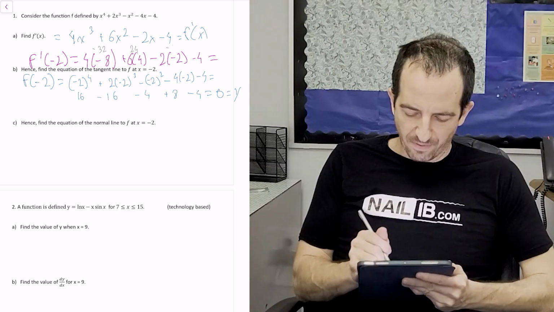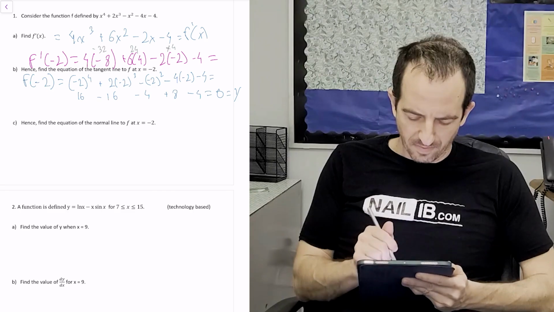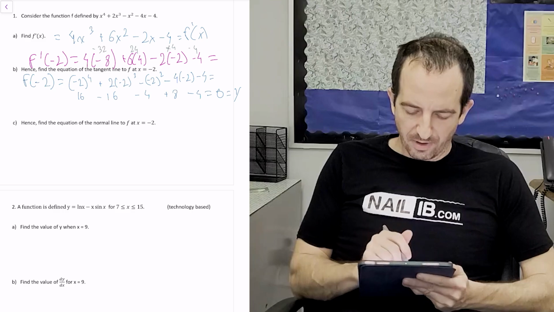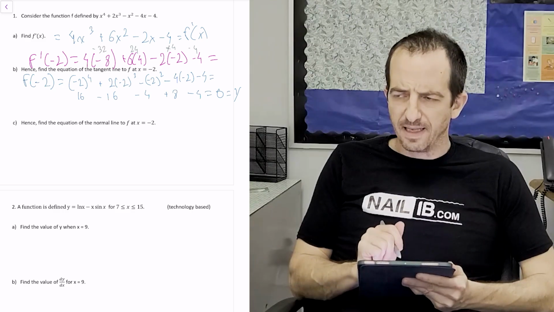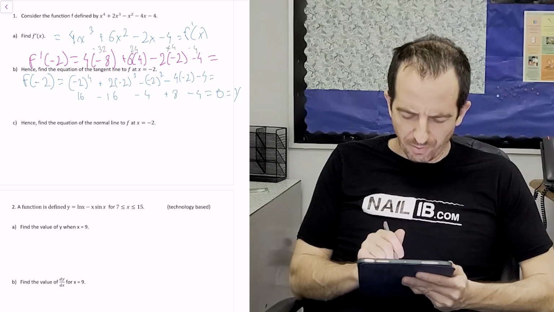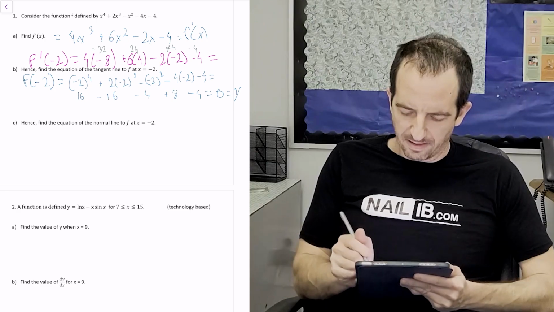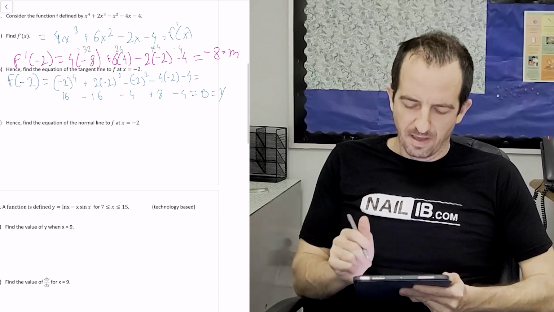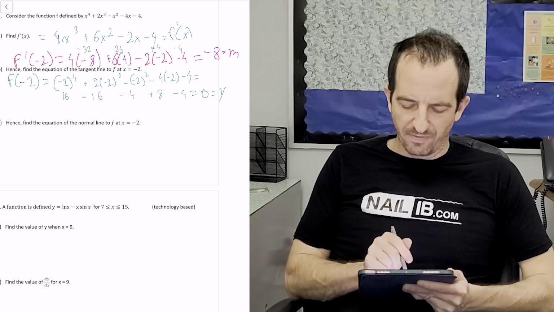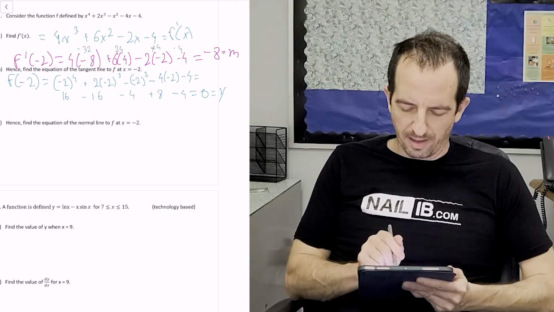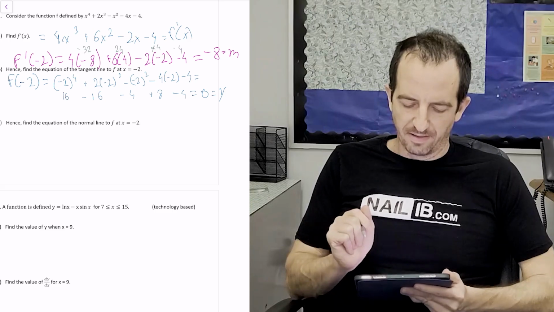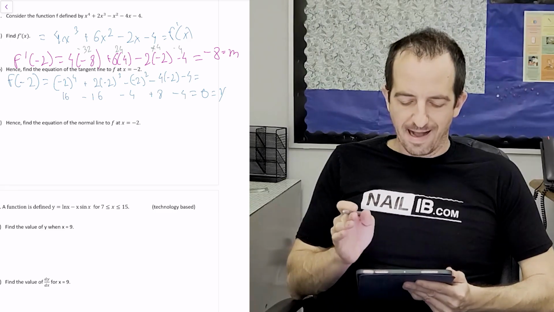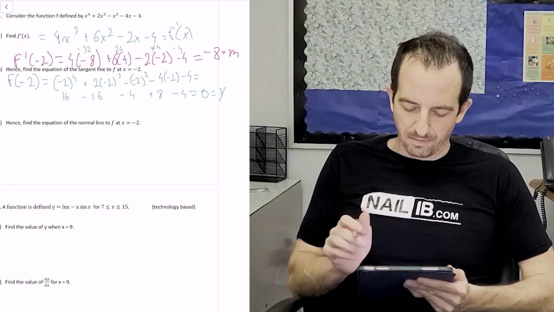Here we have -4, so it's going to be plus 4, and then take away 4. -32 plus 24 is -8, plus 4 is -4, minus 4 is -8. So -8 is our m. We know our slope is -8, and our point is -2 comma 0.